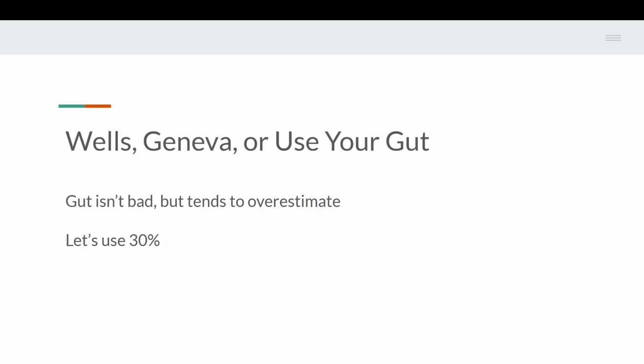Well, the gut is very good, but it does tend to overestimate. So if we use the average prevalence of pulmonary embolism in people who present to your emergency department where you're suspecting pulmonary embolism, the overall prevalence is about 30%.